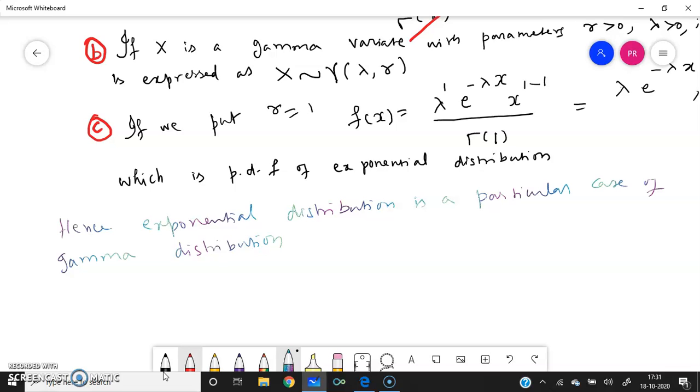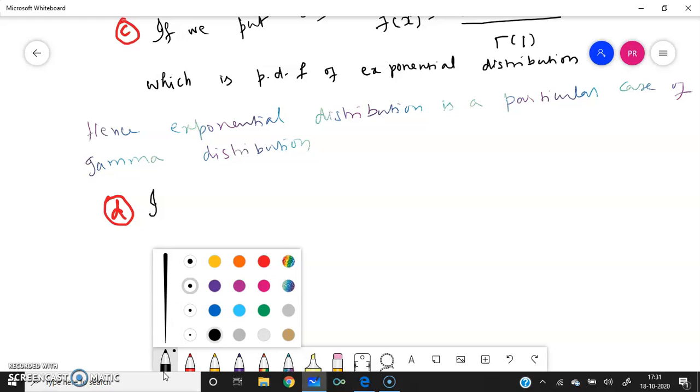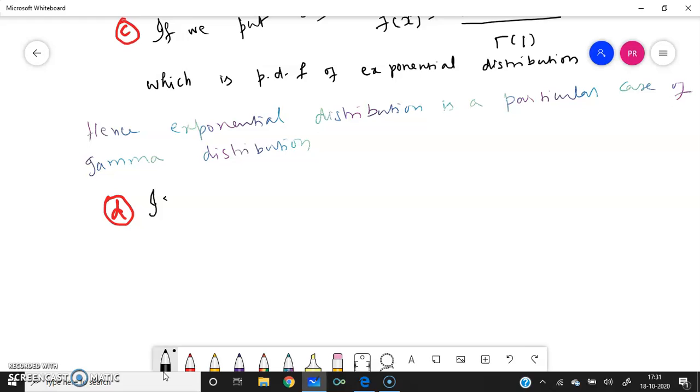Now we'll see remark D. It is very simple. We have taken r as 1, now we will take lambda as 1.